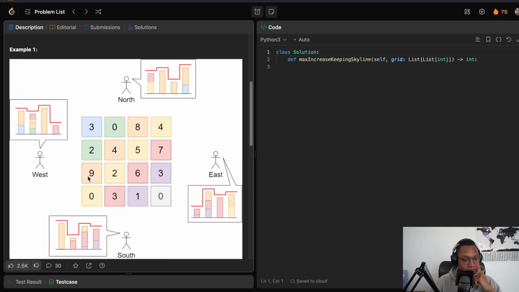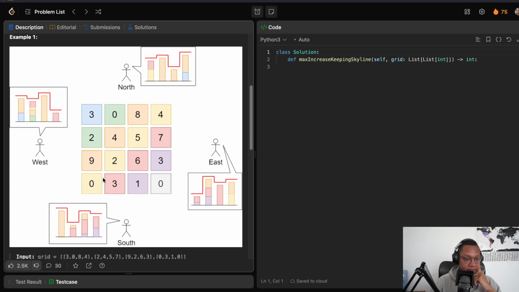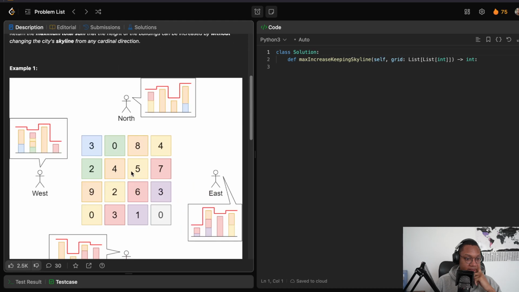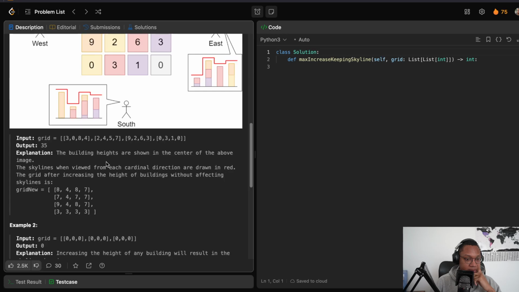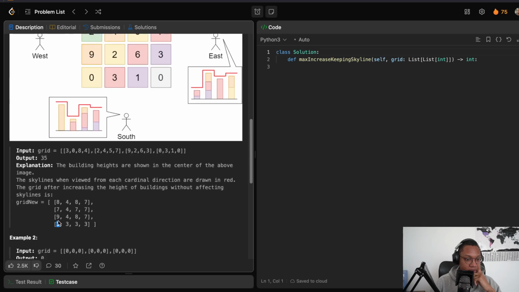0, 9. So for 0, 9, you could just try incrementing this. And that'll be fine. But it couldn't destroy something that's on the other ones. So for east, it needs to maintain, I think, the pattern of this one, 3, increment this one.